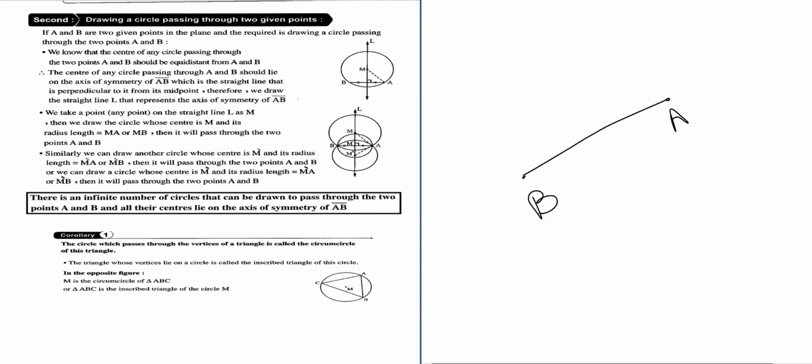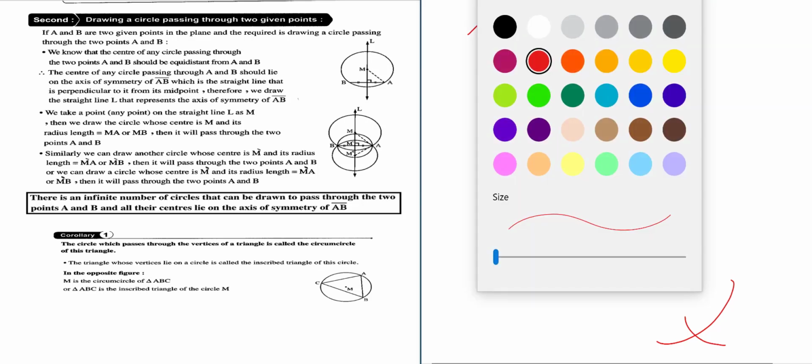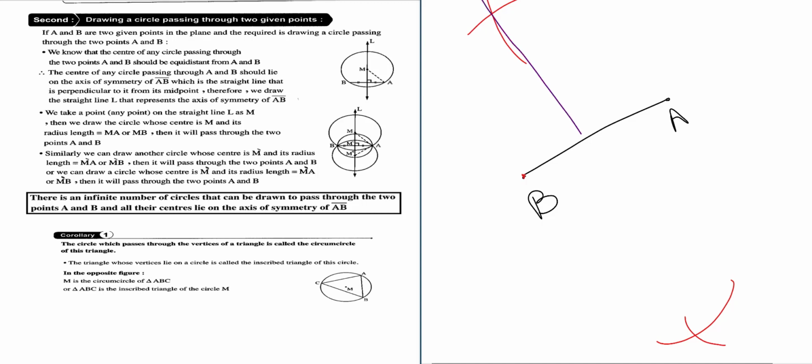By using our compass, we put the sharp point here in B and open the compass nearest to A and draw an arc up of the line segment and down of the line segment, and also with the same opening we draw the other arcs. Then now we can draw the axis of symmetry of this line segment, like this straight line.